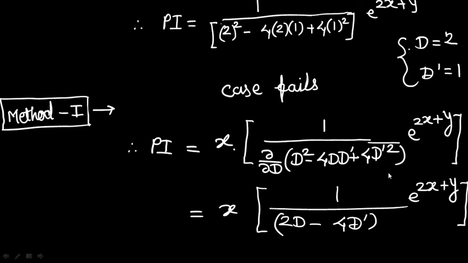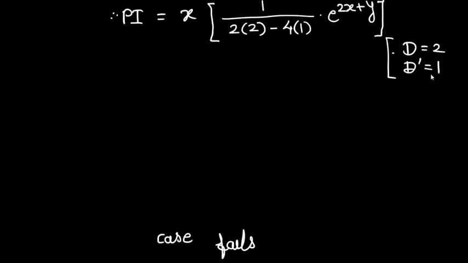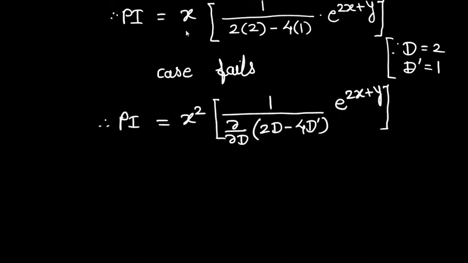And again substitute the values D equal to 2 and D dash equal to 1. Then we again get denominator value 0, therefore the case fails. There again apply the same method: multiply the numerator by x, therefore we get x square, then differentiate the denominator term with respect to D.